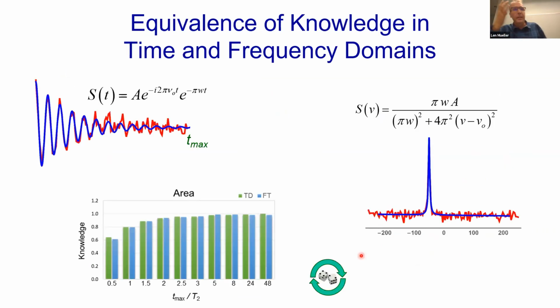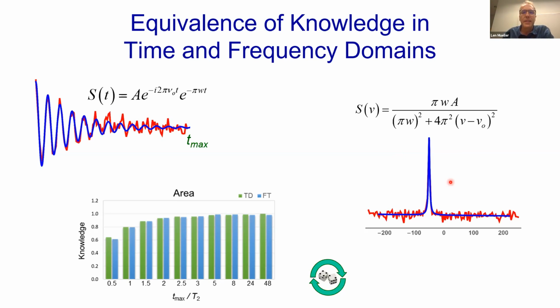So we have to be a little bit careful what we mean by signal to noise there. Okay, you can get some additional insight into this correspondence by noting the equivalence of fitting in the time and frequency domains. And here what I'm comparing is the knowledge of the signal area or the amplitude as a function of Tmax when I fit them both in the time domain as well as fitting them in the frequency domain. And of course, it's an important property of the Fourier transform that it preserves information content.